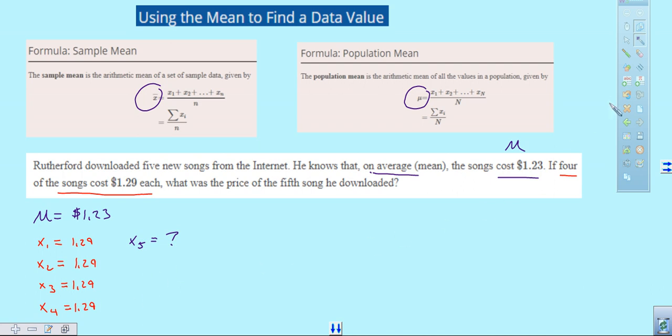Just real quickly before we get any further, let's touch base on this notation: x sub 1, x sub 2, x sub 3, x sub 4. What does that mean? We have 5 different values that represent the price of a song that we purchased. Those 5 things all relate to a song.